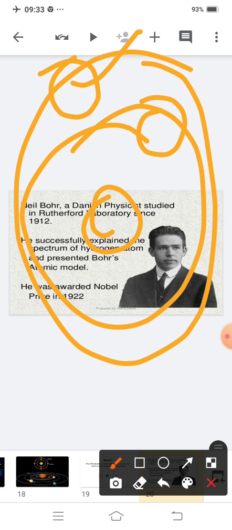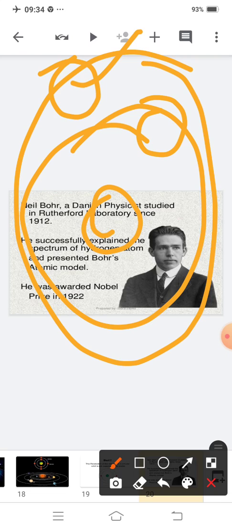Clear? The second point is that when an electron is revolving in a particular orbit or energy level around the nucleus, the electron does not radiate energy. That means it does not lose energy even though it has accelerated motion. Since the electron does not lose energy while revolving in a permitted orbit, it doesn't fall into the nucleus.